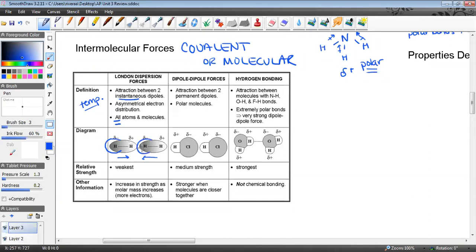They used a darker color here to show where the electrons are shifting to, okay? And so you end up with this partial negative, and it can attract to the partial positive for a moment in time. But this is our weakest IMF because it's a temporary situation caused by these 2 molecules being near to one another for that moment in time.